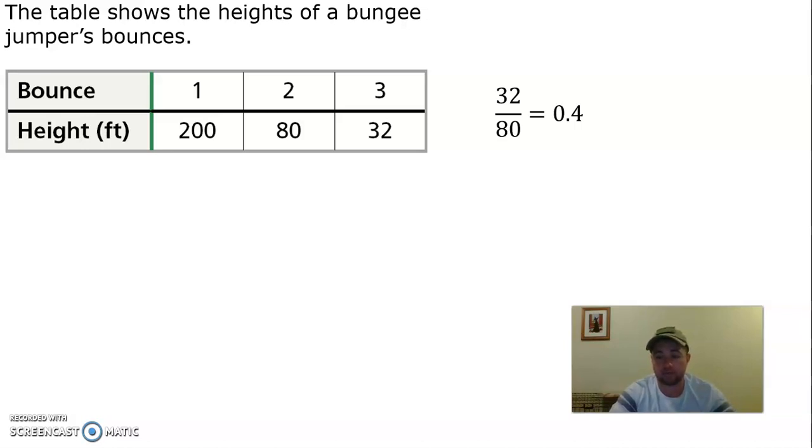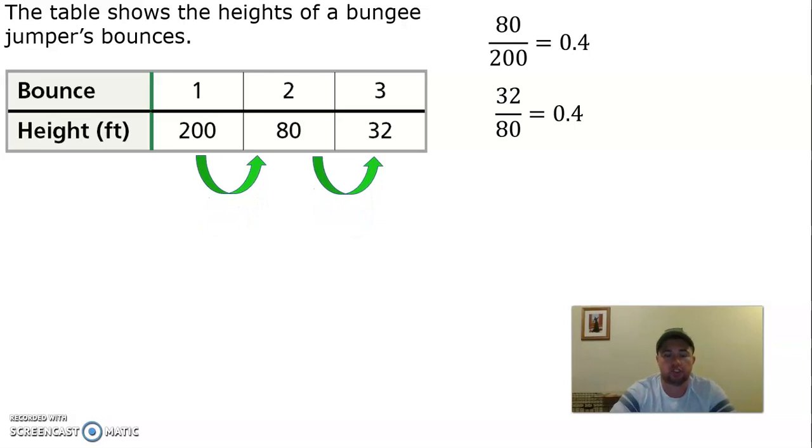Now, this will be a geometric sequence if my second number in my sequence divided by my first number in my sequence is also 0.4. And it is. 80 divided by 200 is 0.4. So that means every single time in my sequence, I am multiplying by 0.4. So if I wanted to find what the fourth number in the sequence was, I would take 32 and I'd multiply it by 0.4.